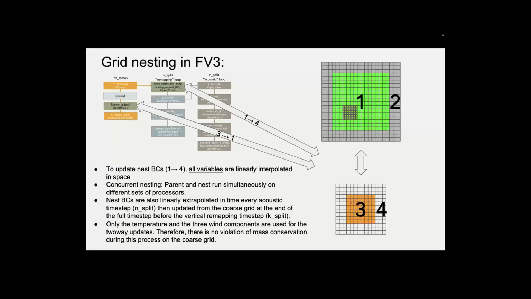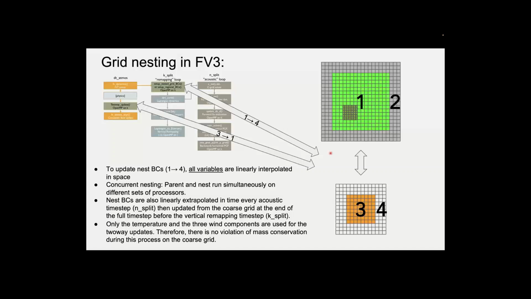At the end of the nesting algorithm, we have an option, if the user desires, called two-way updating, where the data in region 3 is averaged and replaces the data of region 1, where the nest is actually located. So this framework is also flexible. The user can choose the variables they are interested in for this two-way update.